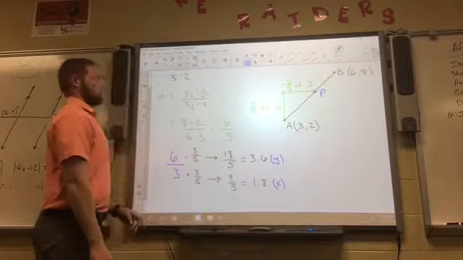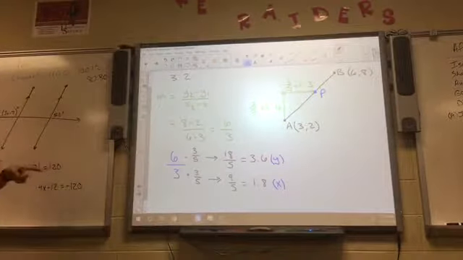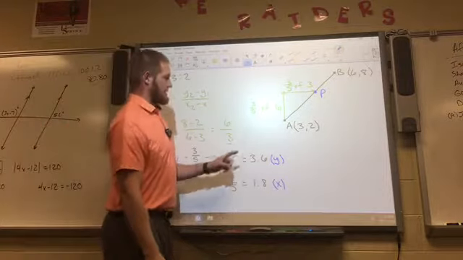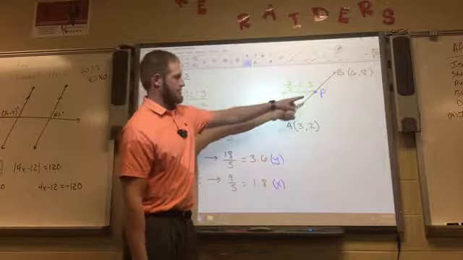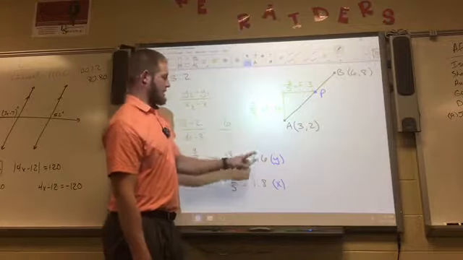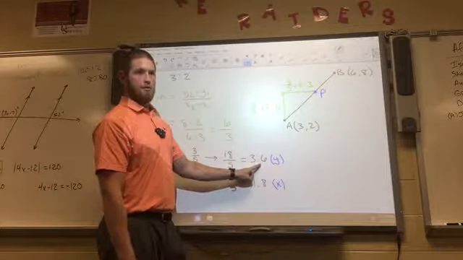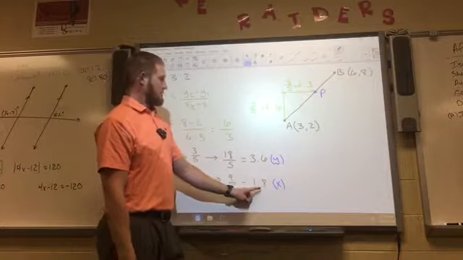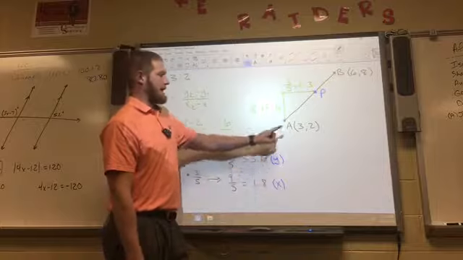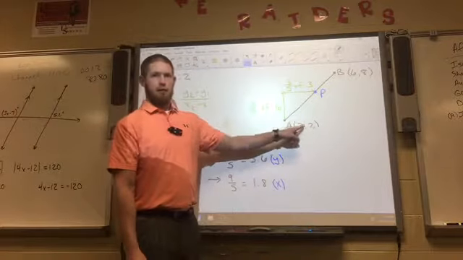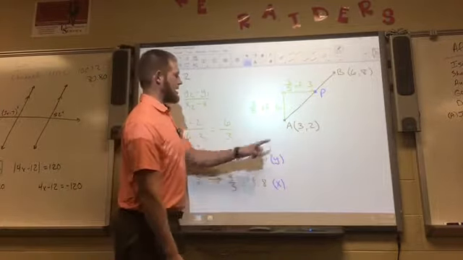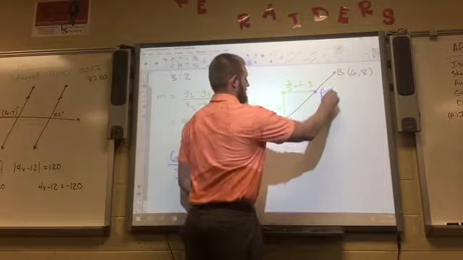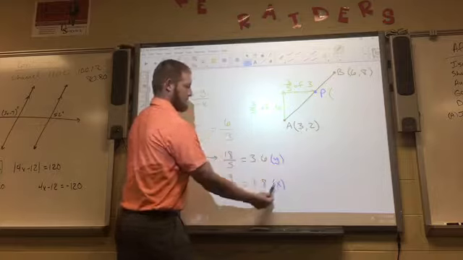Okay, so what we just found out, we haven't found our new coordinate point yet, but what we do know is that to go from A to P, I need to rise 3.6 and I need to run 1.8. So that is going to be adding to where I'm already at. So my new x value, instead of 3, my x is my run, right?